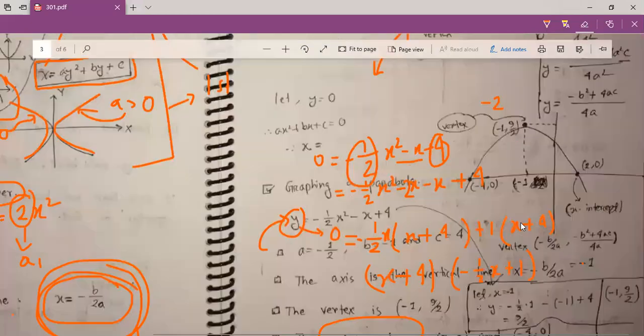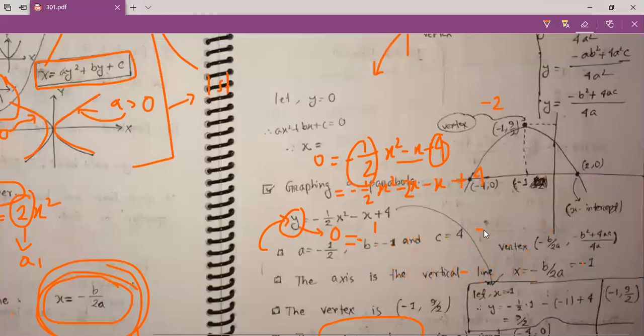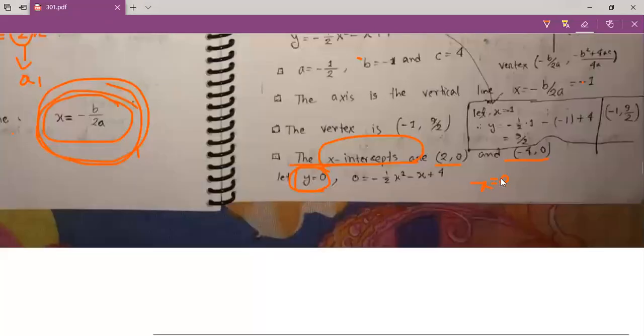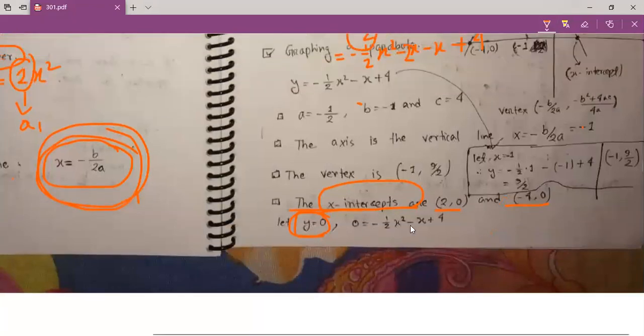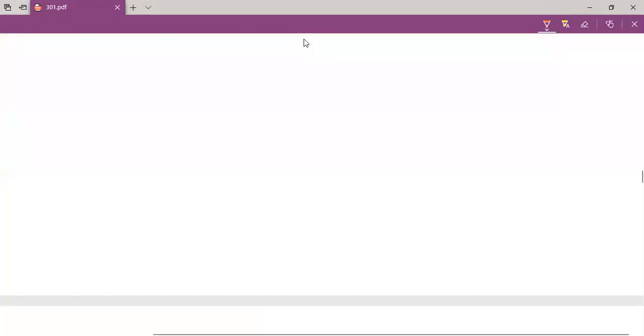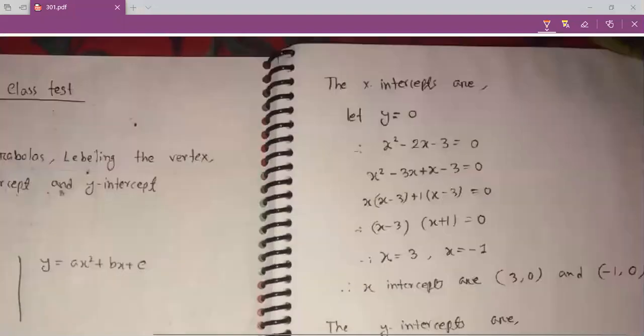Let's skip this, because I have to do it on my paper. I will show you the x-intercept and y-intercept in the next question. Yeah, let's go to the next.